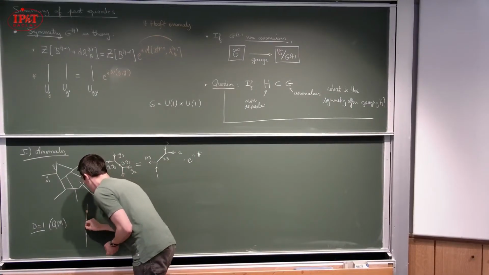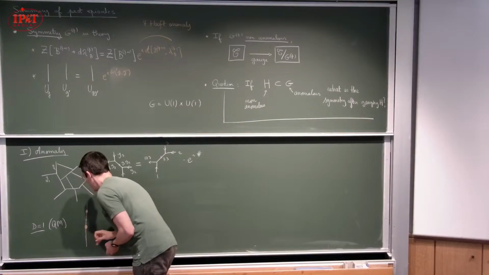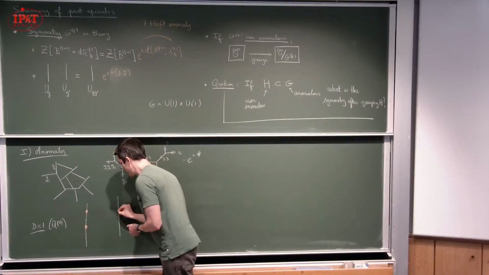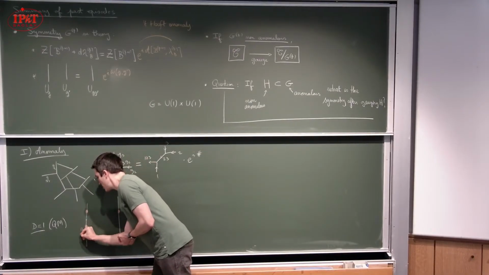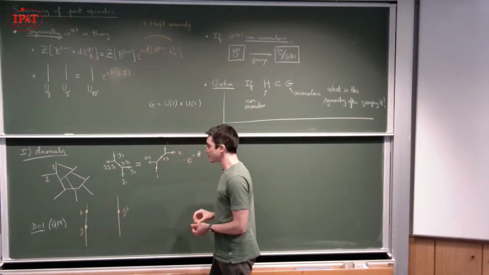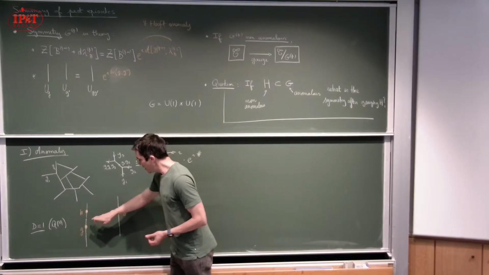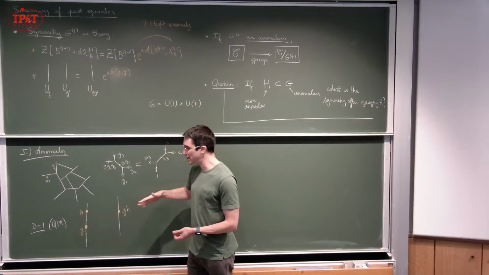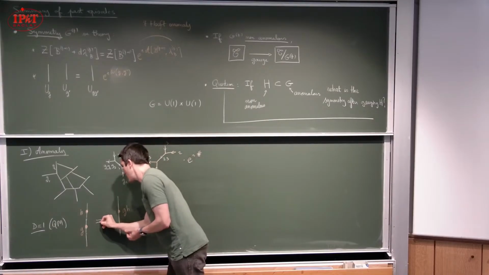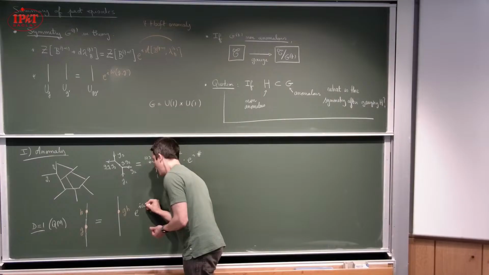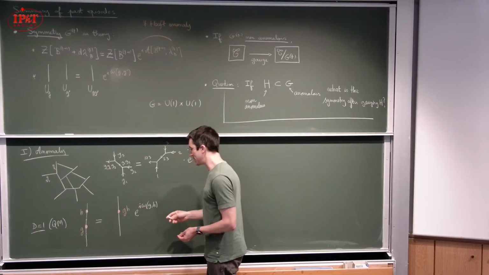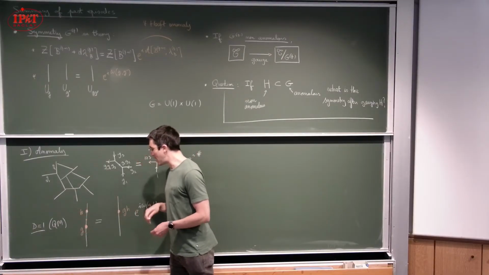One here, one here. Let's ignore the other ones. And another configuration can be the one where the two points are merged. So this was G, H, and GH can merge into GH. And what we said last time is that under this process of going from here to here, there can be a phase, and that would be the anomaly. So this is equal to this times e to the i omega of G and H. And then what we said is that this means that the group G acts projectively.